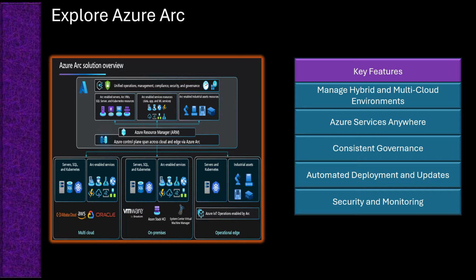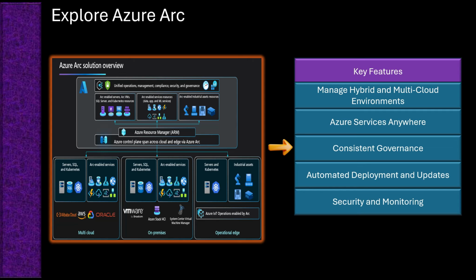Let's unpack a few features of Azure Arc. Azure Arc lets you manage resources like servers, Kubernetes clusters, and databases running anywhere as if they were in Azure. You can run Azure services like Azure Data Services on your on premises or multi cloud environments.